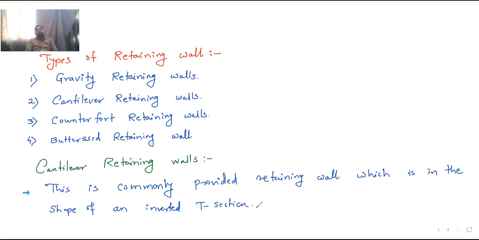It is not exactly an inverted T section, but it looks like the shape of an inverted T section for cantilever retaining walls.